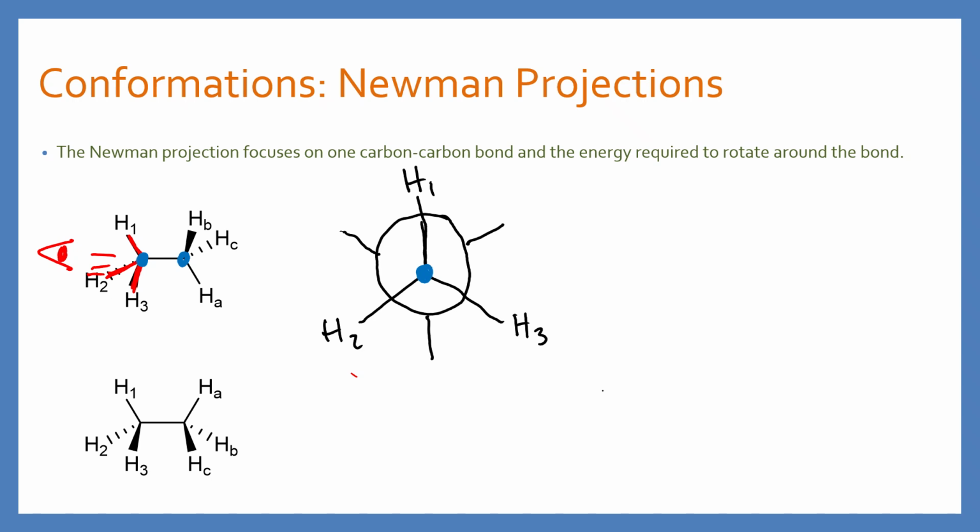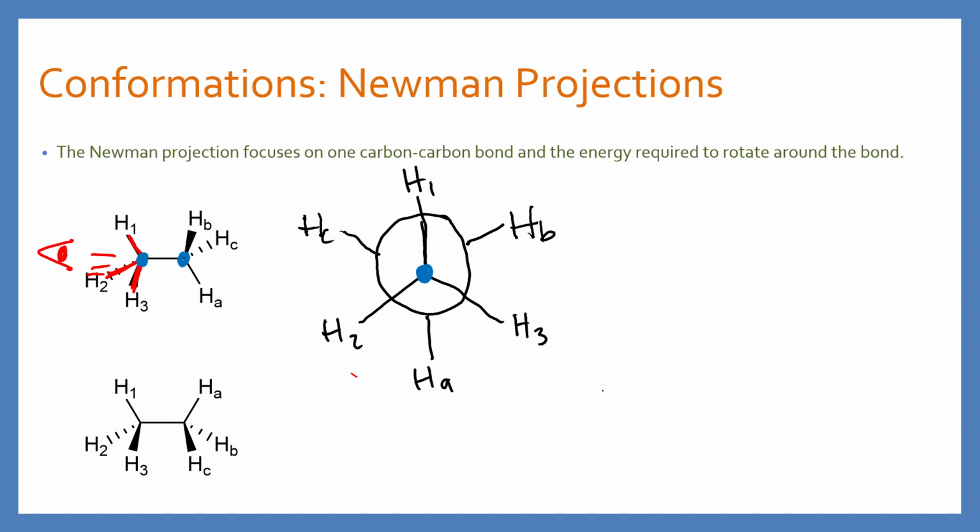And then HA would be down here because it is opposite of H1 and on the same plane as H1. HB and H3 are both on wedge dashes, so they're both coming towards us. So HB should be on top of H3. And that means that HC is on top of H2.